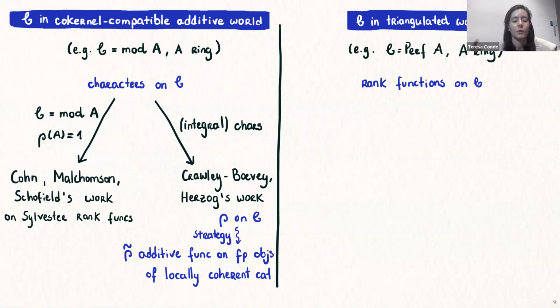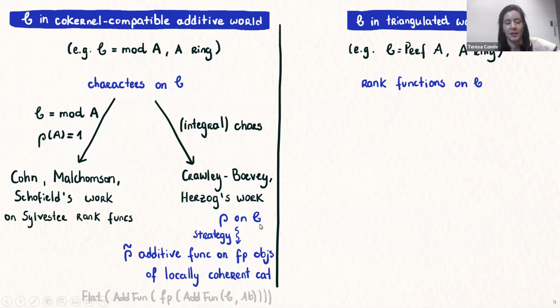So that now we are in a better setting to study characters, because we are in a setting where our categories are better and our functions have maybe a slightly better property. And I've just written down below the formula for the locally coherent category that should be cooked out of C, but this is just for curiosity.